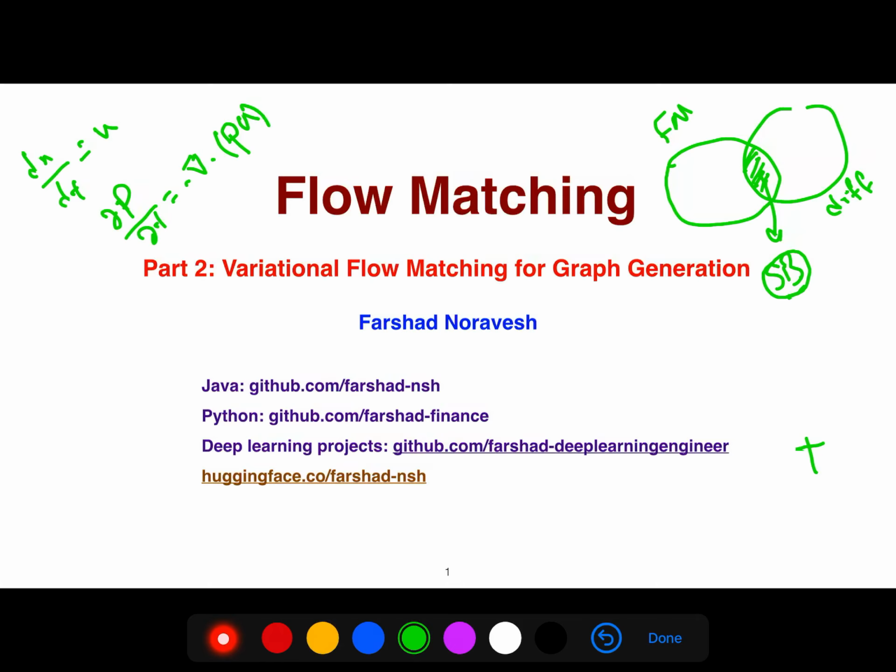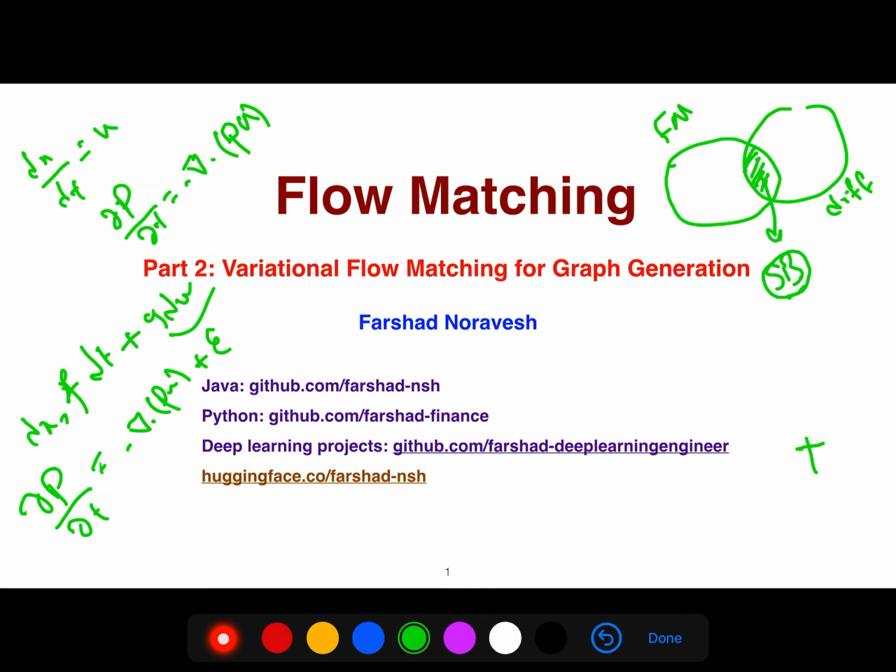But if there is noise, I mean dx is equal to f, the drift, times dt plus g dw, then your probability evolves by the Fokker-Planck equation, which is minus divergence of pu plus something like epsilon Laplacian of p.